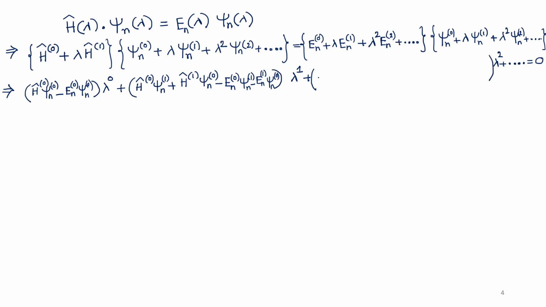Okay, so let's see what we have on the left hand side as a lambda square term. As you can see, you can find a pattern, right? 0 plus 1 is 1, 1 plus 0 is 0. So we need to take those terms where the orders add up to 2. I hope you understand what pattern I am trying to say. So if I take h naught, I need to take something from sine 2.